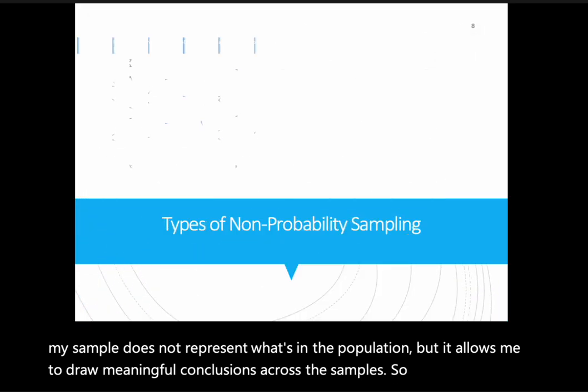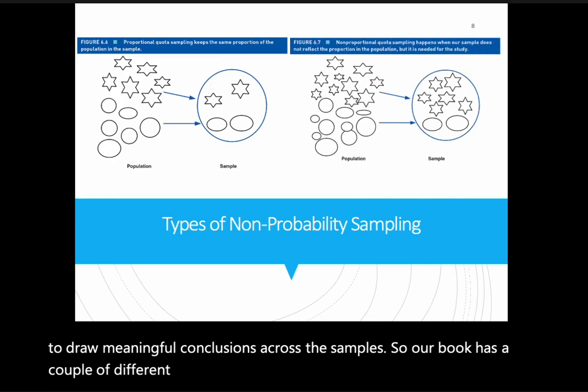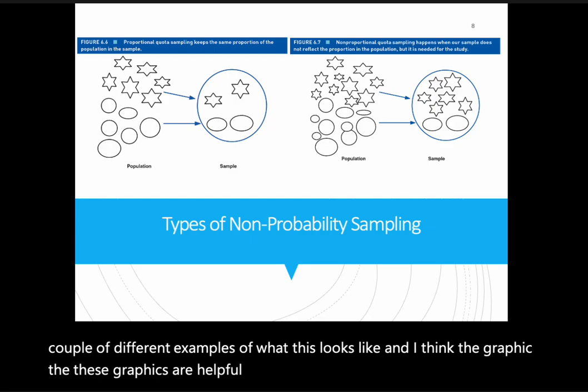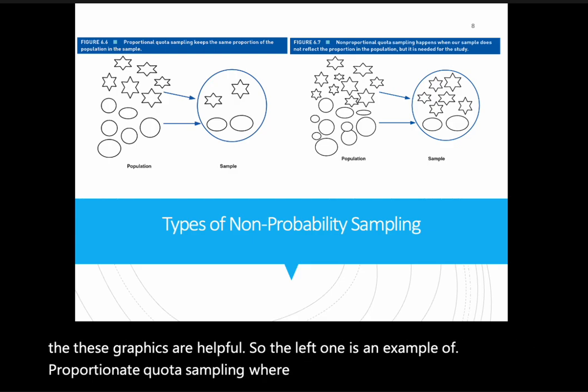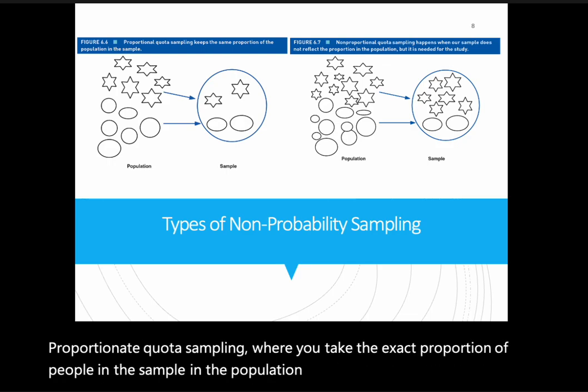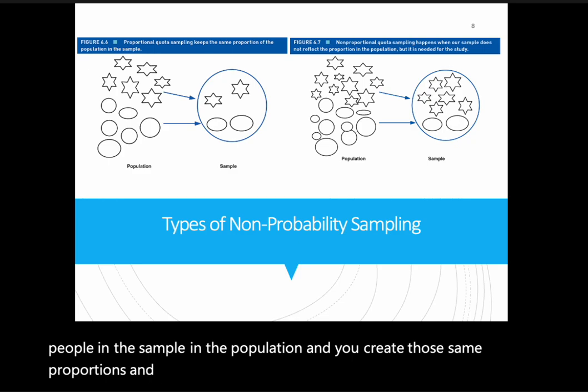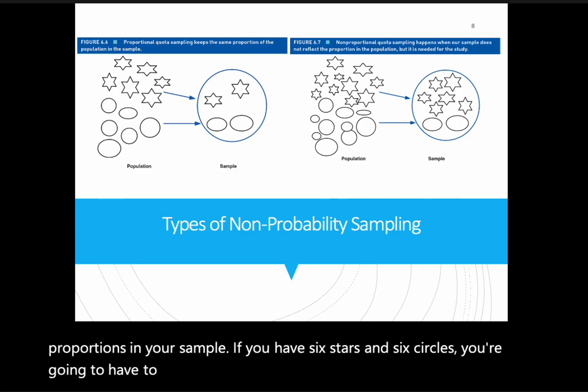So our book has a couple of different examples of what this looks like, and I think these graphics are helpful. The left one is an example of proportionate quota sampling, where you take the exact proportion of people in the population and create those same proportions in your sample. If you have 6 stars and 6 circles, you're going to have 2 stars and 2 circles, exact equal proportions.